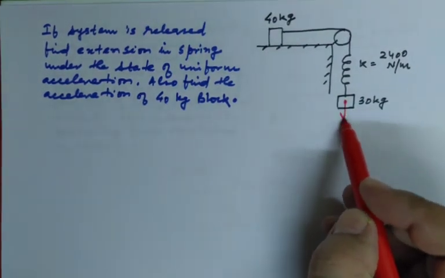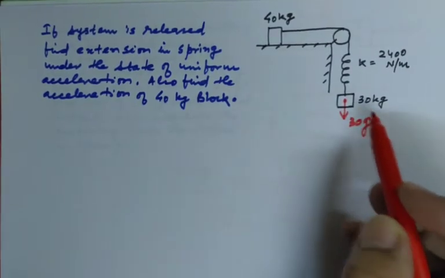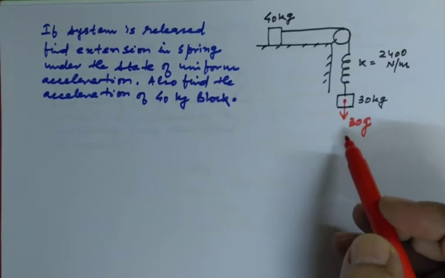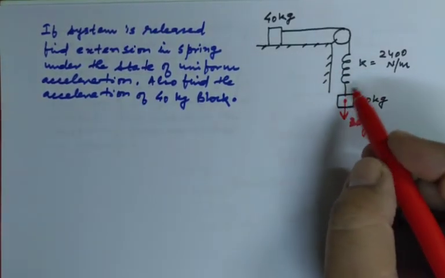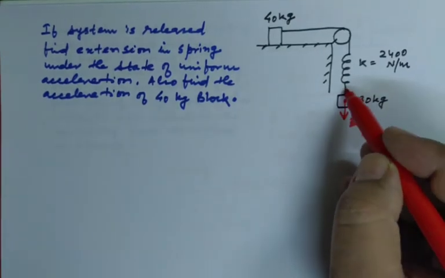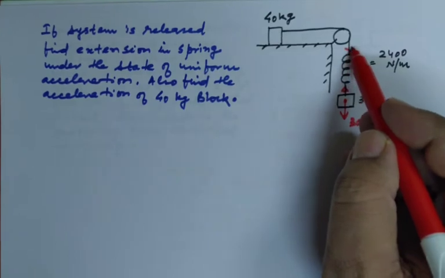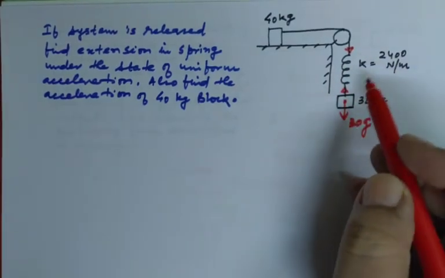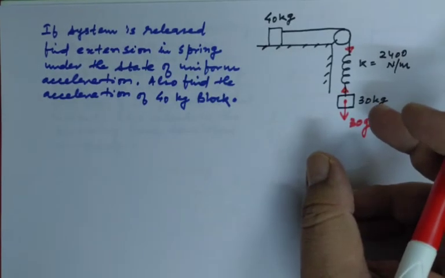This block will have a tendency to move down, and 30g Newton force will be acting downwards, which is its weight. Because of this downward force, the spring will elongate and a restoring force will develop in it.